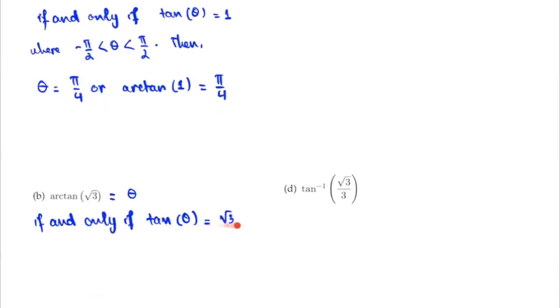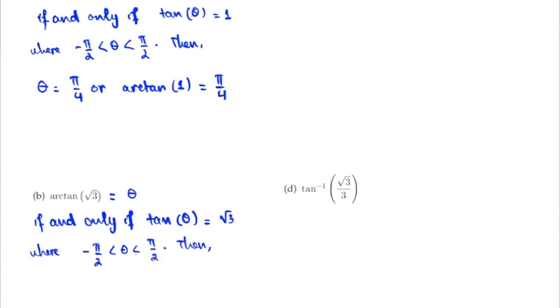Again, how can we get this equation? You apply tangent on both sides of the equation. Tangent and inverse tangent cancel out, and you're left with square root of 3 on one side of the equation, and tangent of theta on the other side. I want to emphasize one more time that the angle we're working with has to be between negative pi over 2 and pi over 2.